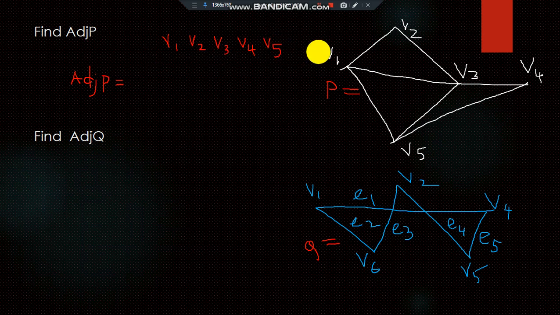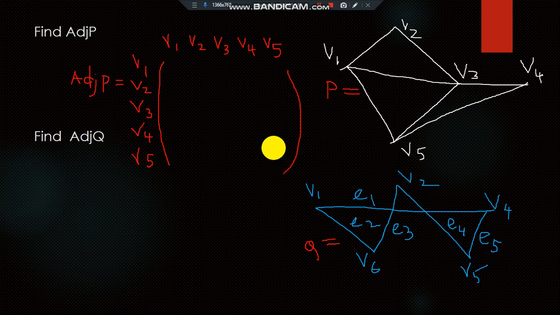Now write all these vertices in the vertical direction: v1, v2, v3, v4, v5. Now draw the matrix bracket here like this.